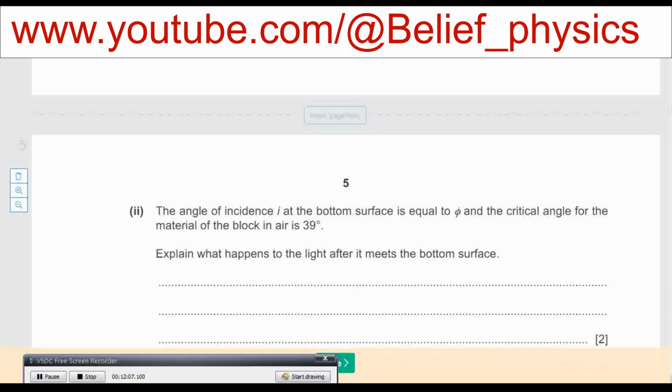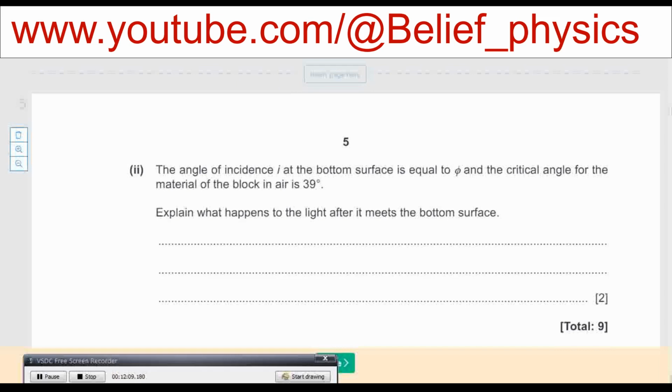Next, the angle of incidence i at the bottom surface is equal to phi. The critical angle for the material of the block in air is 39 degrees. Explain what happens to light after it meets the bottom surface. Okay, look here.